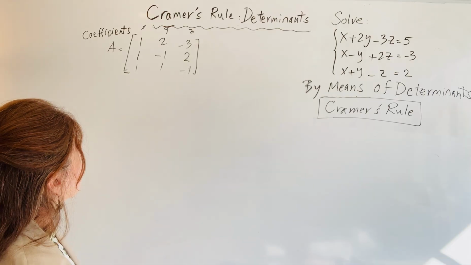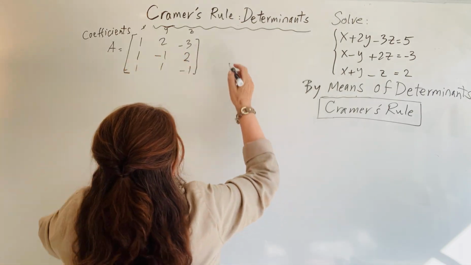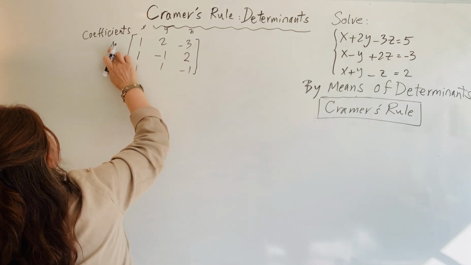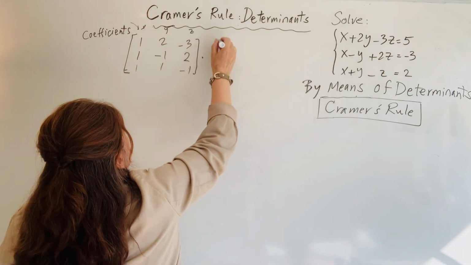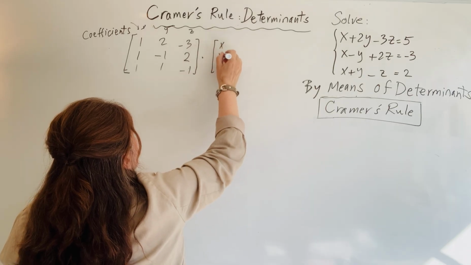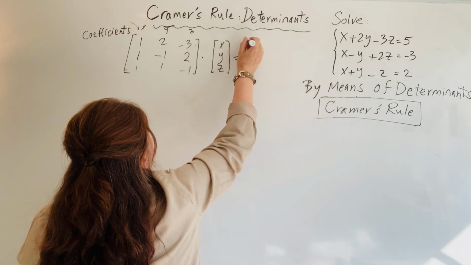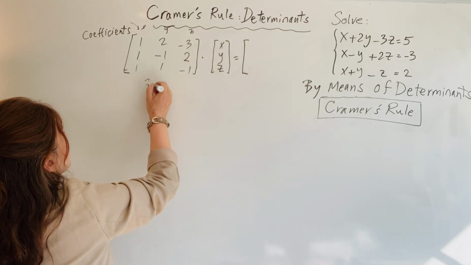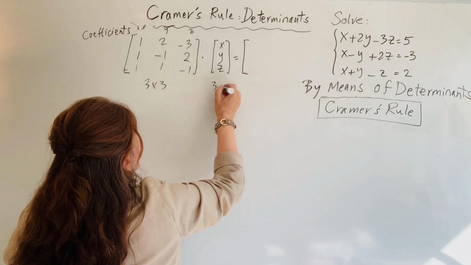This is the matrix of coefficients. If we multiply this by x, y, z, we get the constants, or answers. This is 3 by 3 multiplied by 3 by 1.